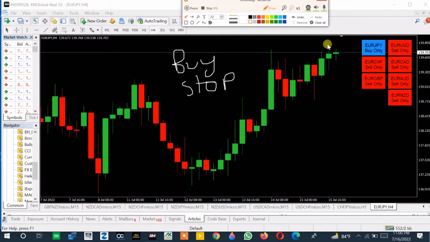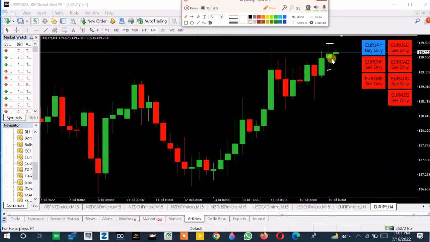This is the highest point and this is the lowest point of this candle.